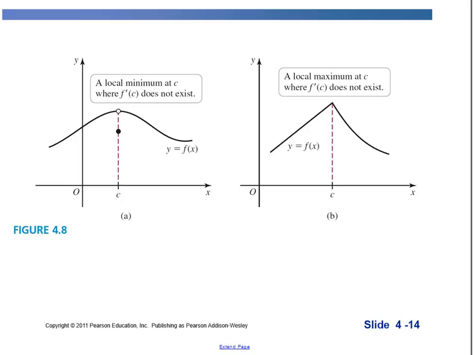Okay. So in this case, in the first figure here, our local minimum exists. We do have a local minimum, even though it's not defined on the function. And then here we have a cusp coming up, so a sharp point. So the derivative doesn't exist, but we still have a maximum at that point.